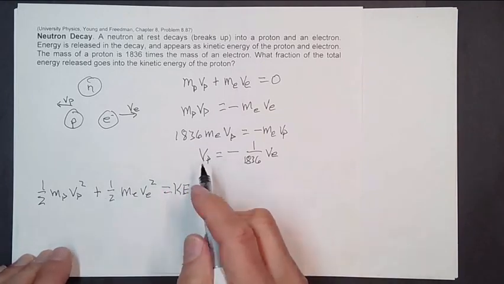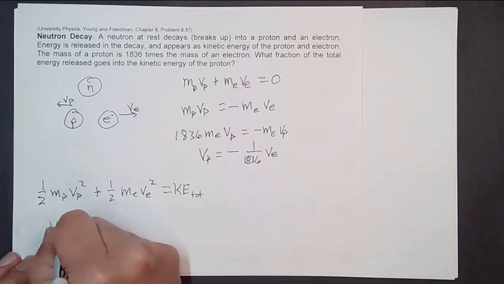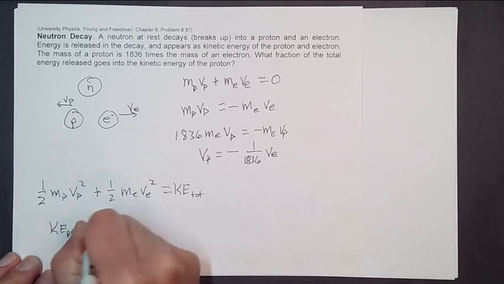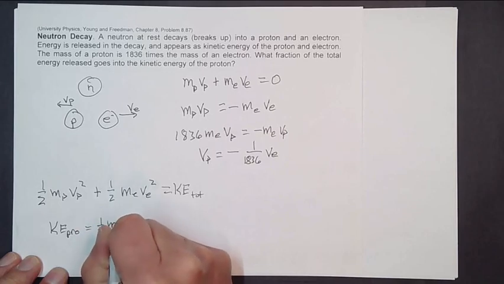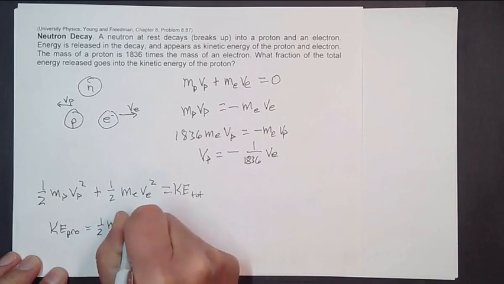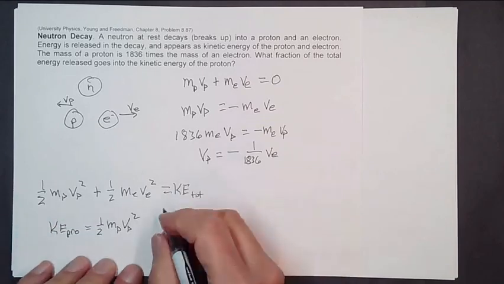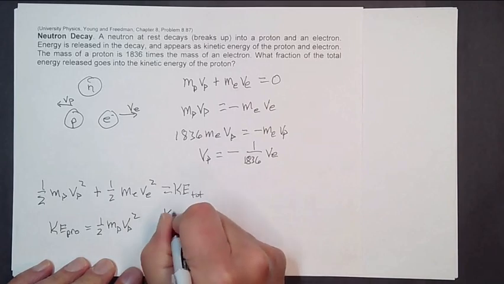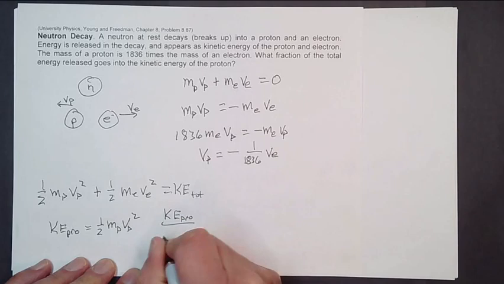Well, the kinetic energy of the proton, KE proton, is just going to be 1/2 m sub p v sub p squared. So we want to know what fraction this is of the total. In other words, what we want to know is the kinetic energy of the proton divided by the kinetic energy total.